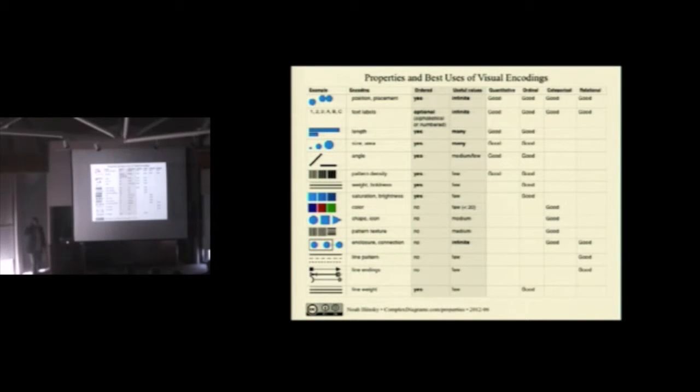These are things that our visual system inherently recognizes. And orders, so that there's small to large, there's bright to dim, or bright to dark.